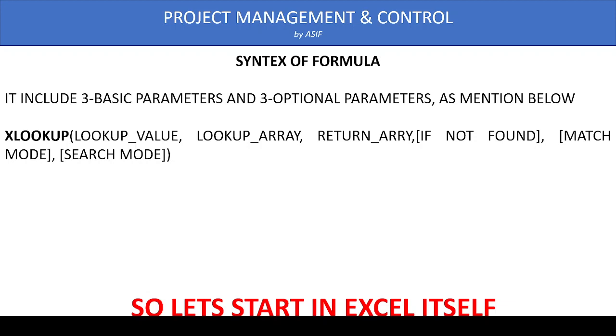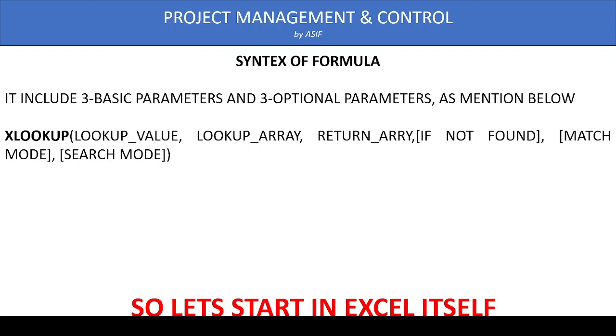After this, the optional one is what you want to put in case of an error, such as data not existing, or something to be provided as appropriate. Then match mode is the same as in VLOOKUP and index and match. And the search mode, as we discussed before, lets us define the search direction: top to bottom or bottom to top, similarly right to left or left to right.